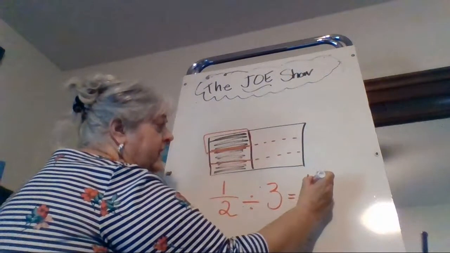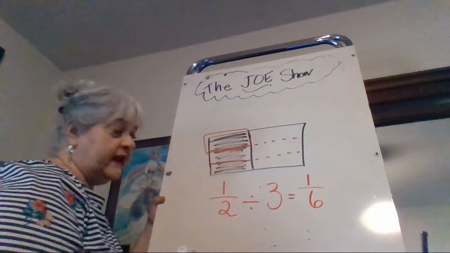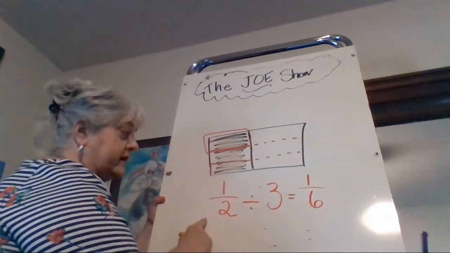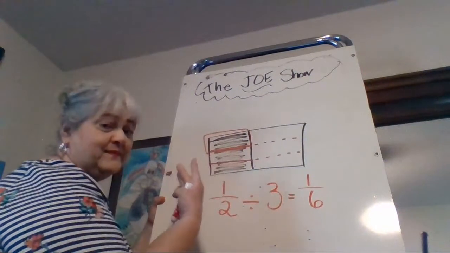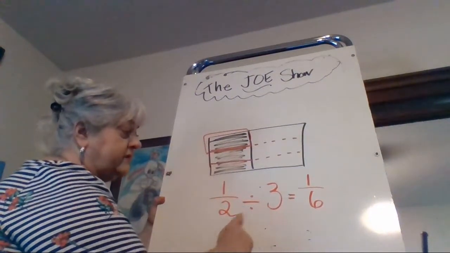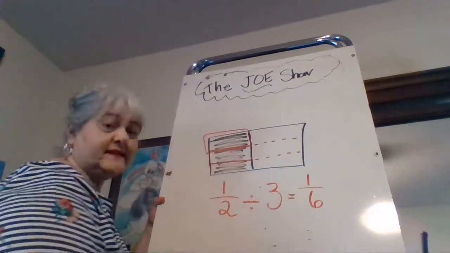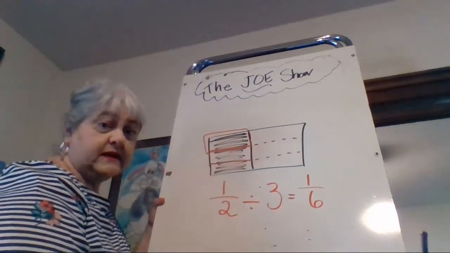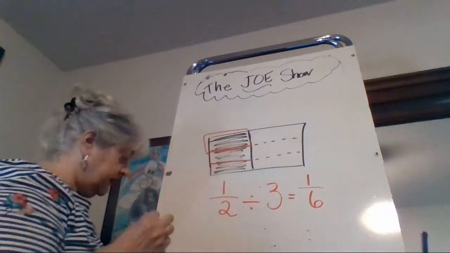So I'm getting 1/6. Now you should have known, because this is a unit fraction that has a 1 as a numerator, that I can think about these 2 numbers and know that my answer is either going to be 1/6 or it's going to be 6, depending on what I start with.